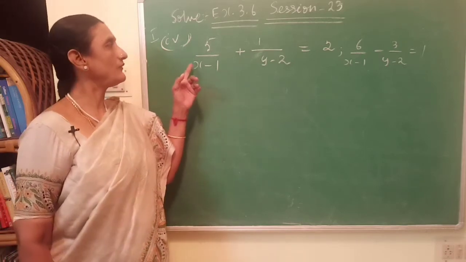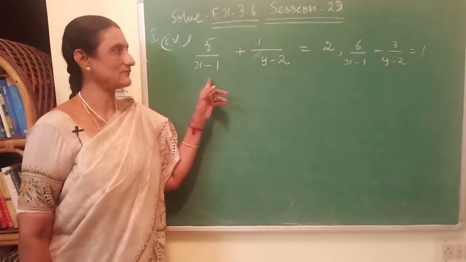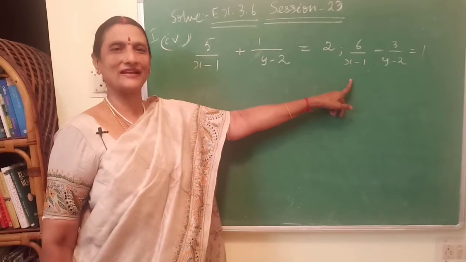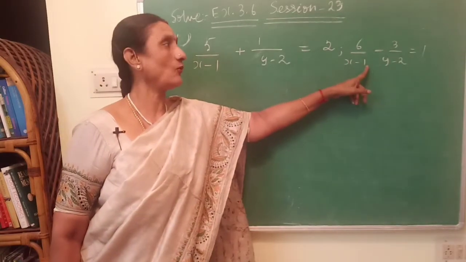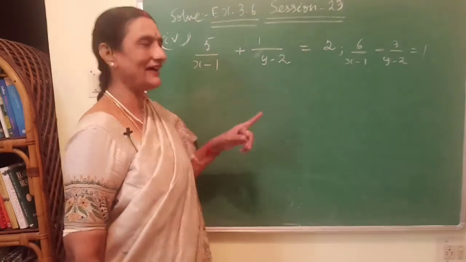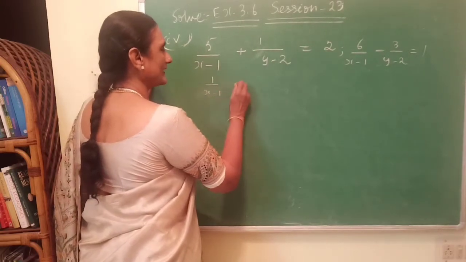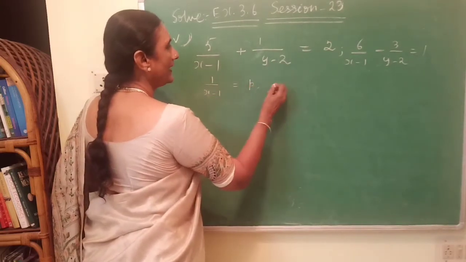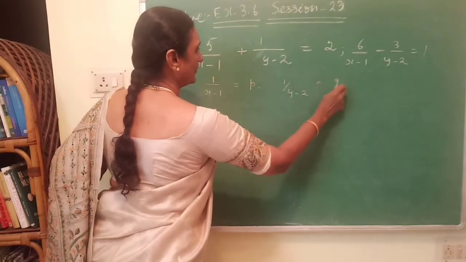Now first have a close look at the equations. 1 by x minus 1 and here also 1 by x minus 1. And here 1 by y minus 2, there also 1 by y minus 2. Therefore, we can have a substitution as 1 by x minus 1 as some value, say p, and 1 by y minus 2 as some value q.